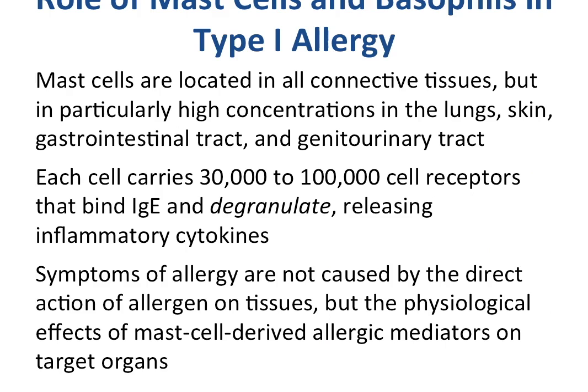Now let's talk about the cells involved in the allergy. Many cells are involved, but the mast cells and the basophils are the most important cells in this allergy. These cells exist in the connective tissue, but they can also be found in the lungs, skin, GI tract, and genitourinary tract.